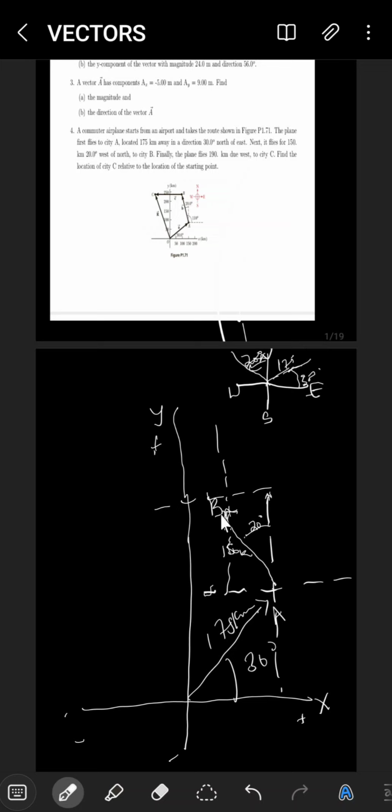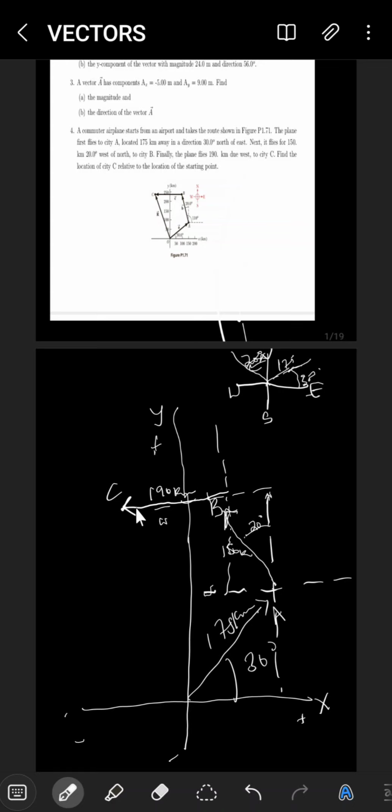So B's head will join C's tail, and C will move 190 kilometers due west, which is this way, basically along the x-axis. This is your C with 190 kilometers.